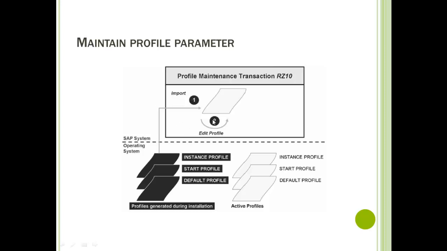Inside SAP you can edit it, of course, and save it back to the operating system. Whenever any changes are made at the operating system level, you need to import them into SAP in order to save them in the database. This activity can be done by transaction code RZ10. Let's go to RZ10, and it's easy.